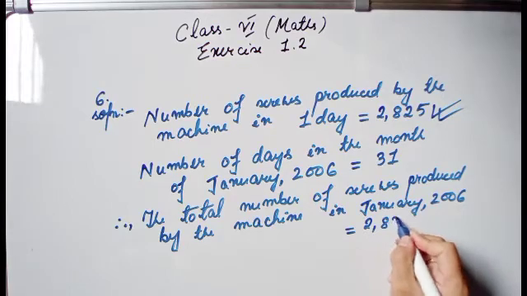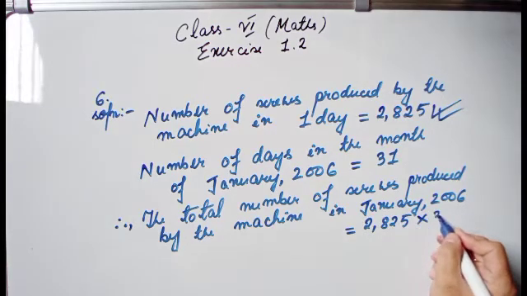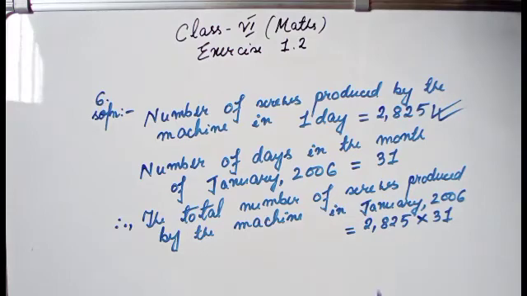So 2825 will be multiplied by the number of days, that is 31.